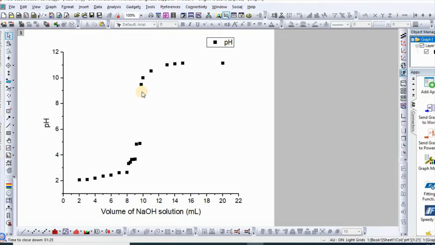So here is your plot for acid-base neutralization. Now we know the neutralization pH is 7. So then click here, then draw a line across pH 7 and then also draw a vertical line.